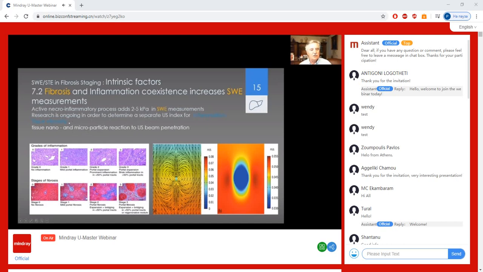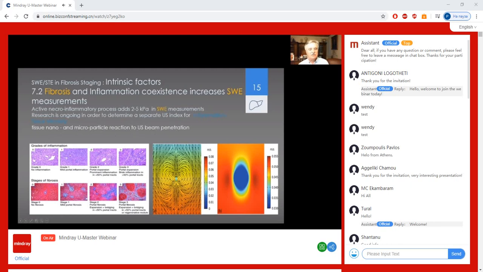Tissue viscosity may be one such parameter, because with viscosity we can study how nano and micro particles react when an ultrasound beam arrives to the tissue.